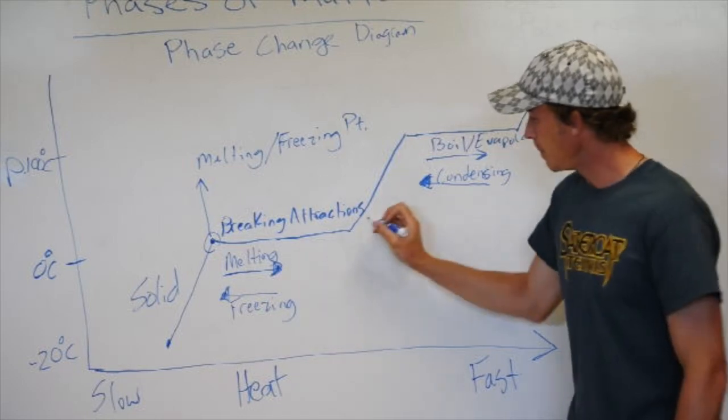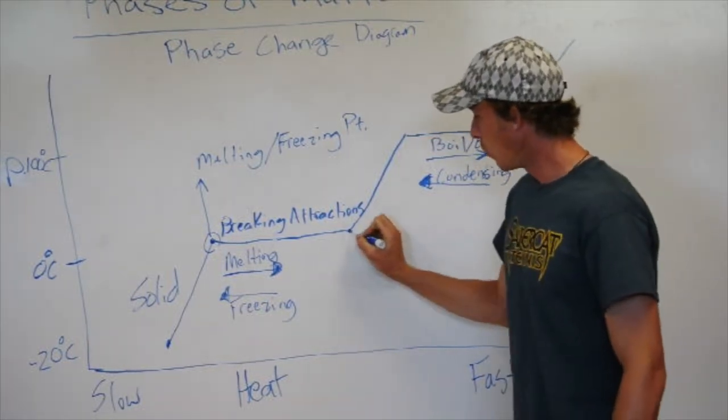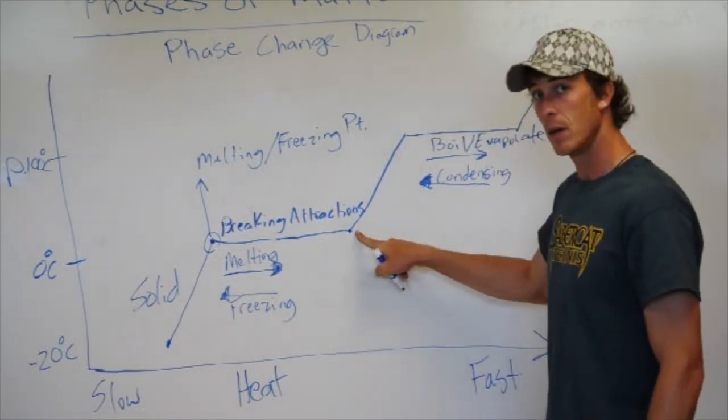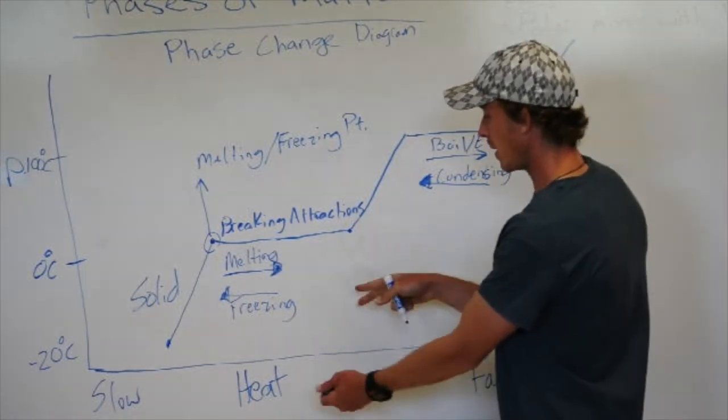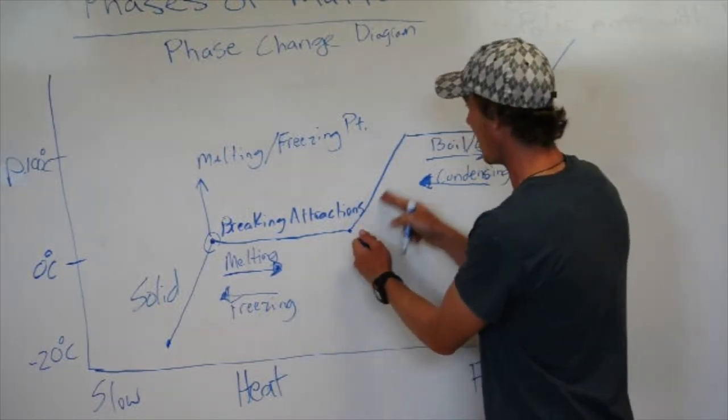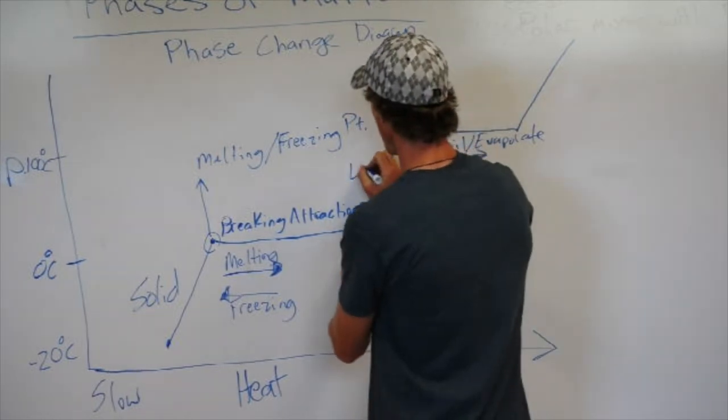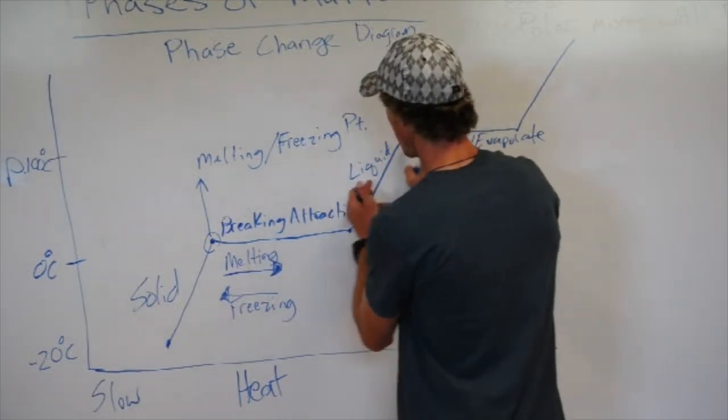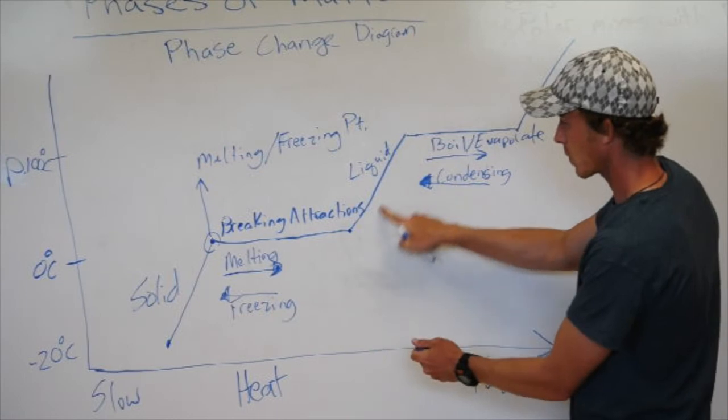And you're going to melt it till you get to a certain point where all the heat has made it all a liquid. So all of this is now a liquid along this slope. Okay?